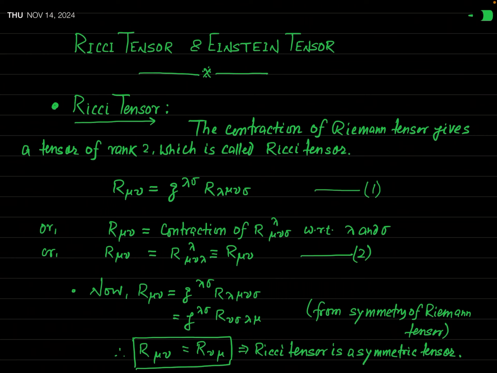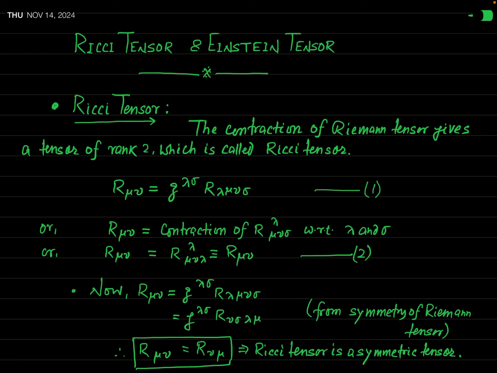And you know how a given tensor is contracted because I have already provided a video on the contraction process previously. So by the process of contraction of a particular tensor or particular identity, we will obtain these two tensors. So first of all, I am going to talk about the Ricci tensor.